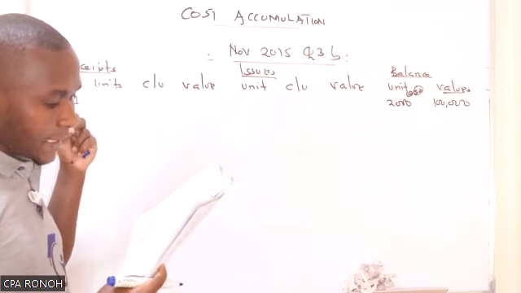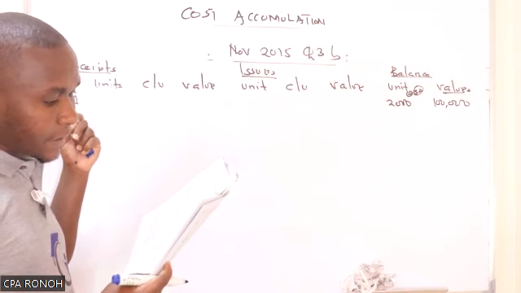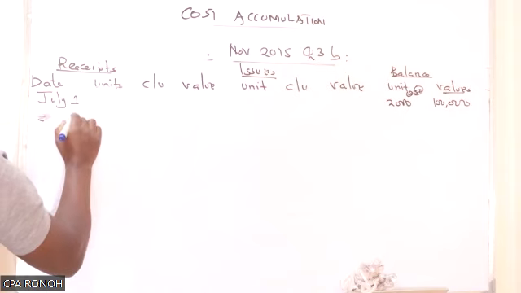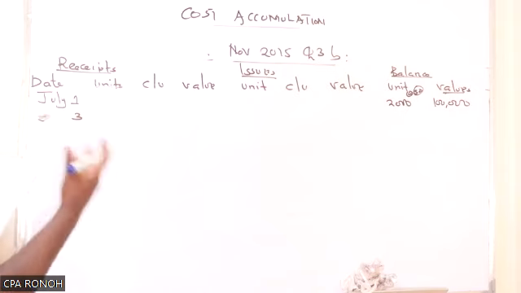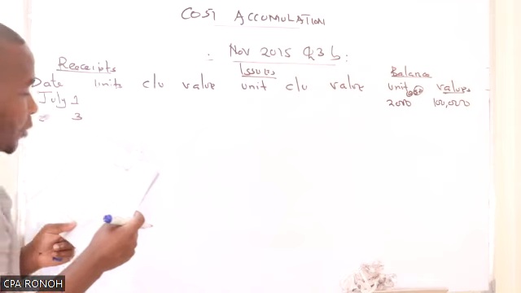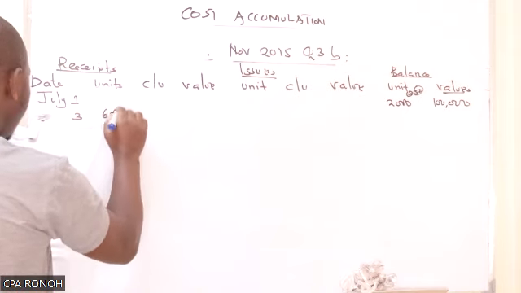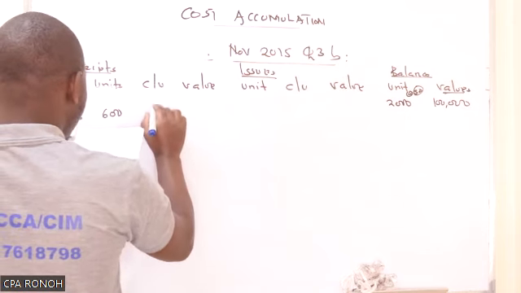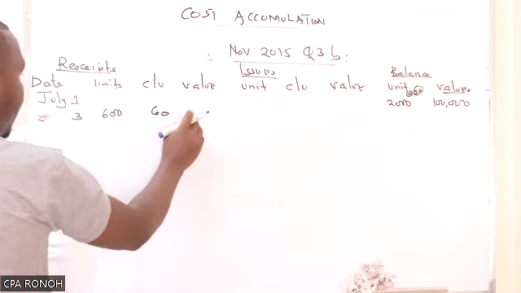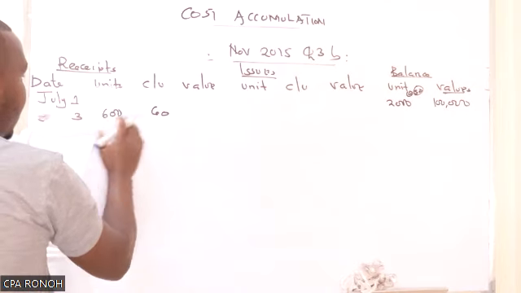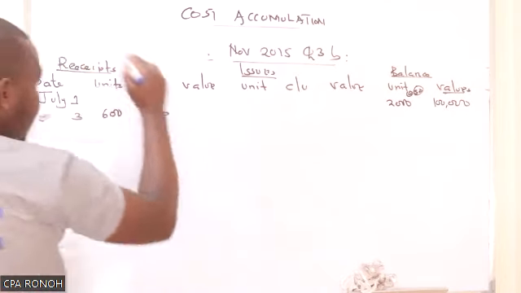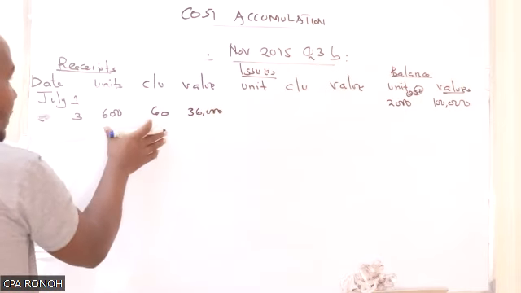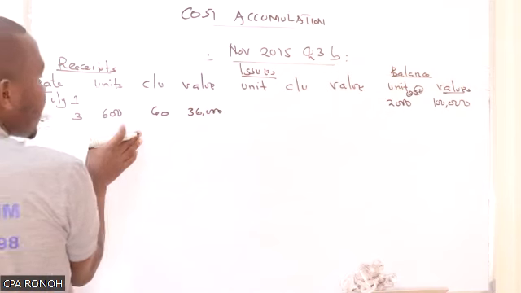Then we go to the second date, which is 3rd July. You can write July once instead of repeating it. On 3rd July, we receive 600 units at a cost of 60. So what will be the value? Multiply 600 by 60, that's 36,000.